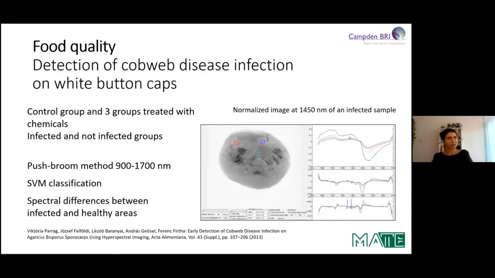These white button mushrooms were measured. They were also infected with cobweb disease and treated with different chemicals against this infection.